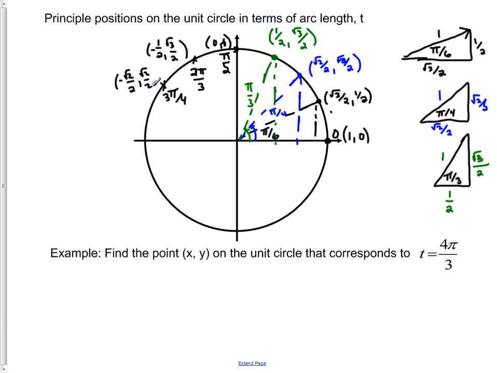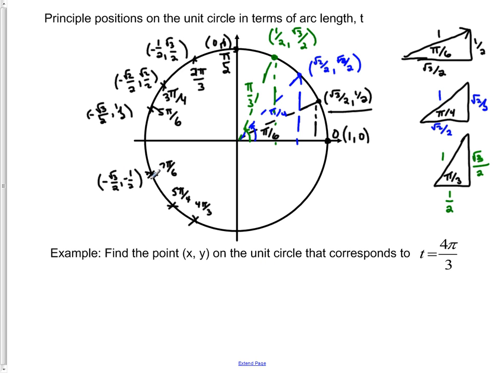We would have 5 pi over 6 over here on the left in the second quadrant, and that would correspond to an angle that looks like the one with pi over 6, except that we would have a negative x coordinate, negative radical 3 over 2, and positive 1/2. And we can go around the entire unit circle doing the same thing.